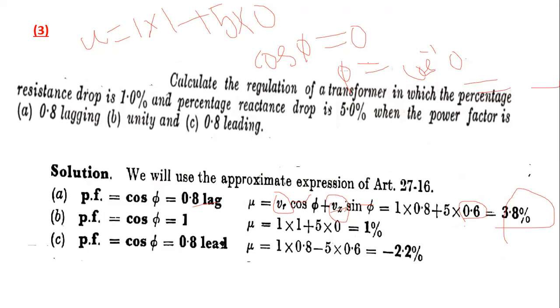Similarly, we calculate for 0.8 leading. Leading means we consider it as a minus value.